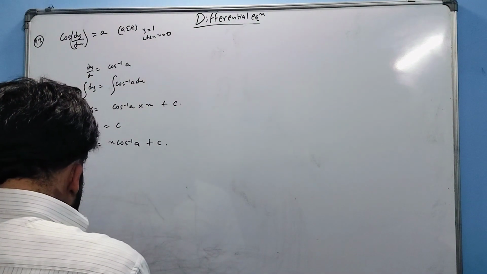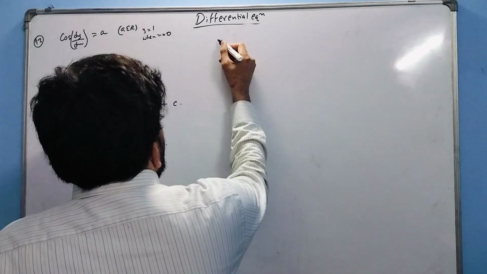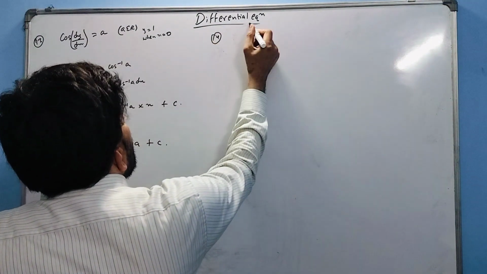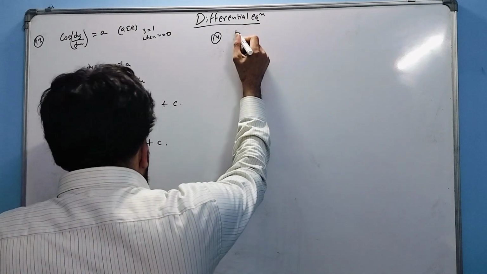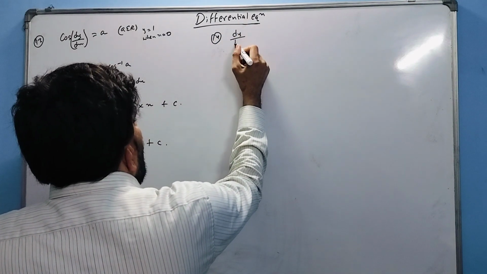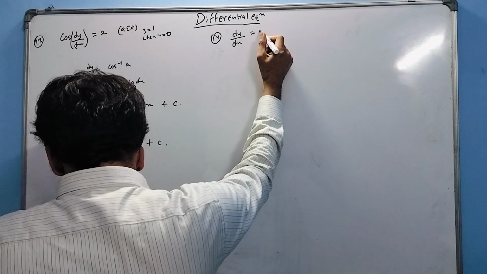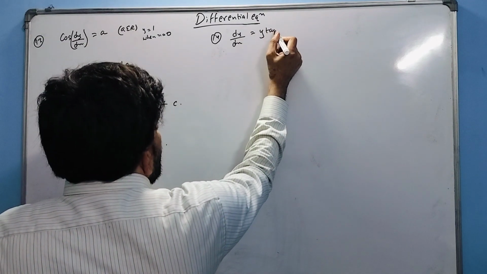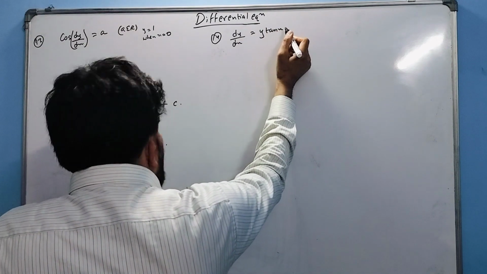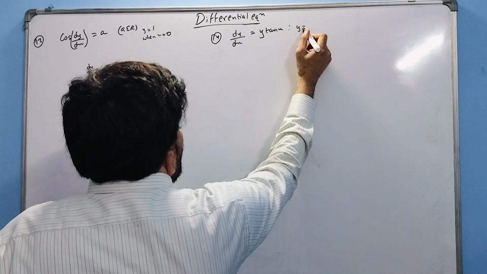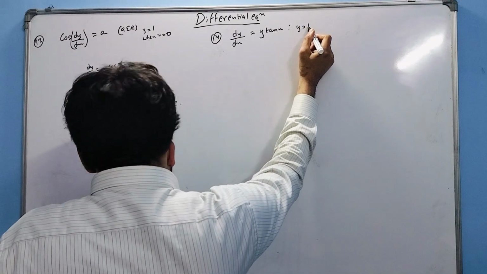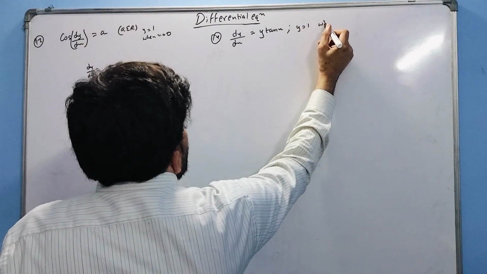Now we have the 14th question. What is the 14th question I have? dy/dx is equal to y tan x, where y is equal to 1 when x is equal to 0.